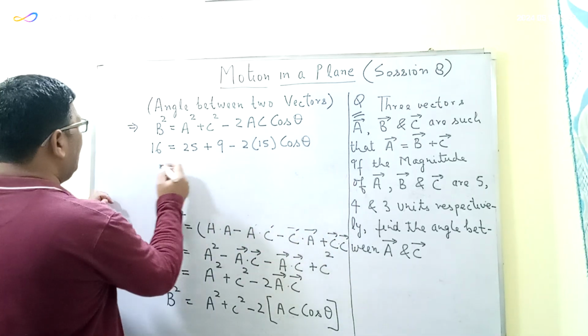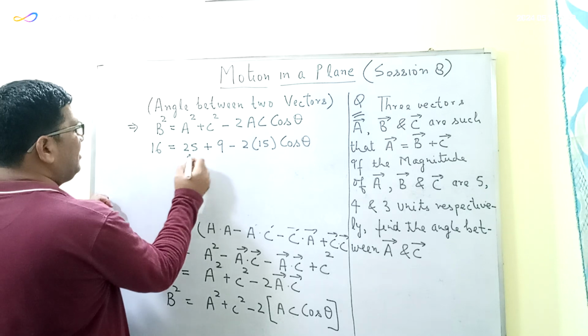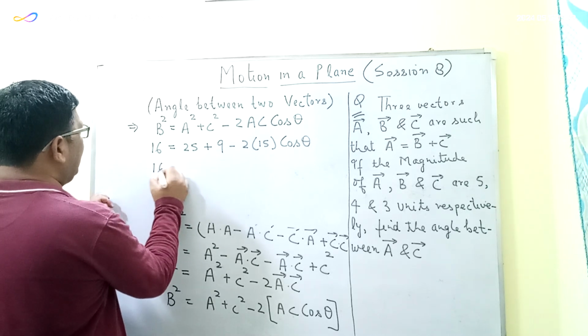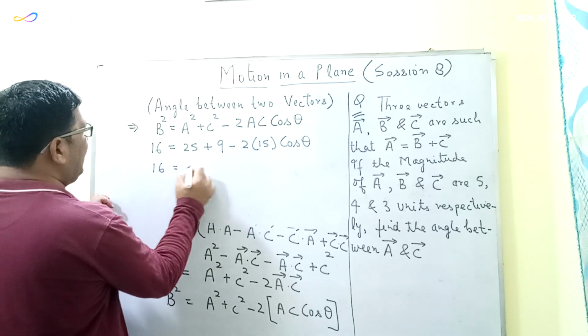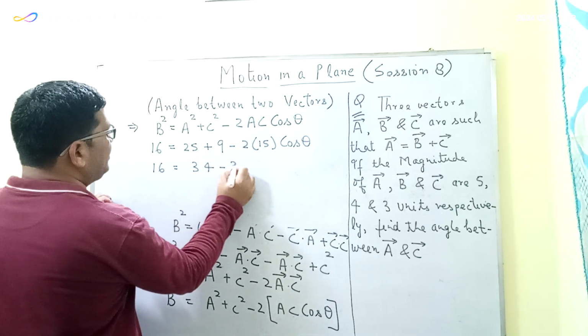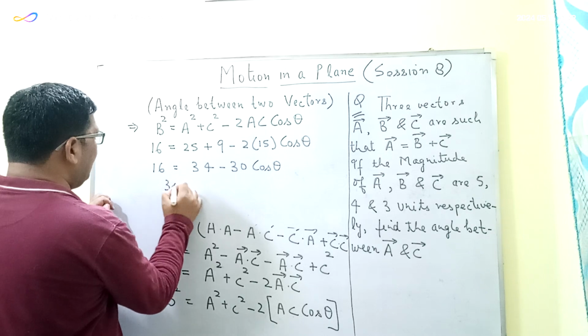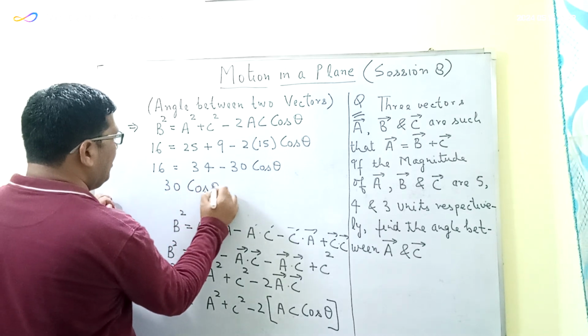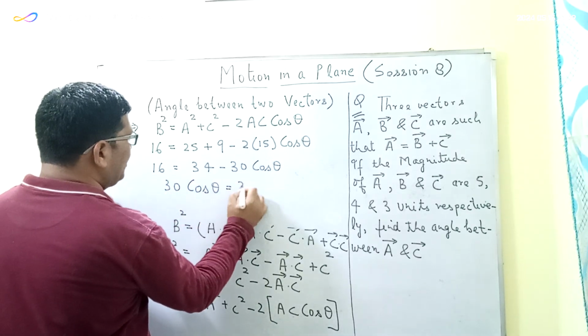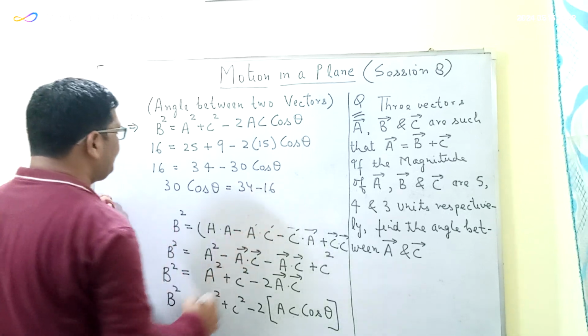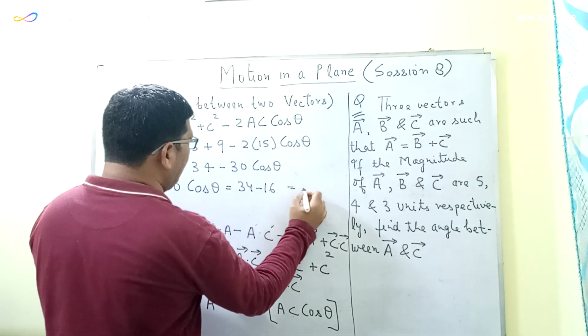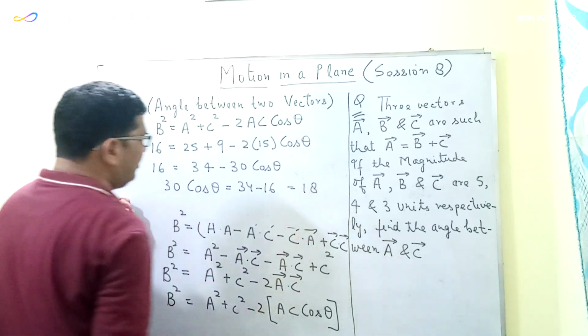So from this equation 16 is equal to 34 minus 30 cos theta. Or we can say that 30 cos theta is equal to 34 minus 16, which is equal to 18.